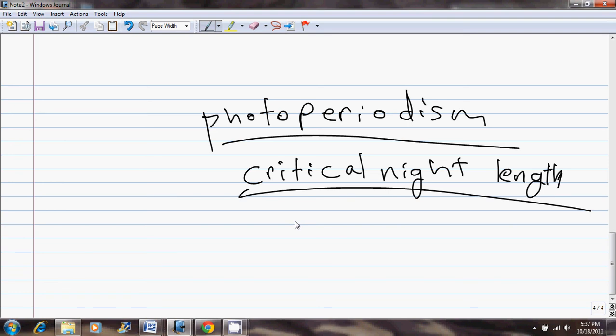Now, this is important because some plants survive really well in the fall or winter time, and that would be your short day plants. They don't want to come out in the summer, because if they're more suited for cold weather, for less light, then they don't want to be coming out in the middle of the hot summer. So they have this critical night length, and as soon as they detect that the day is this short, then they'll bloom.